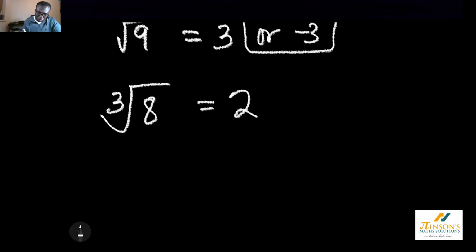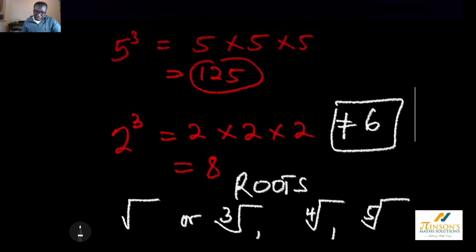Therefore, the cube root of 8 is definitely 2. If I want to work out the cube root of 64, what number did I multiply by itself 3 times to get 64? That must be 4, because 4 times 4 is 16, times 4 again is 64. So technically, we've seen the roots and the powers.